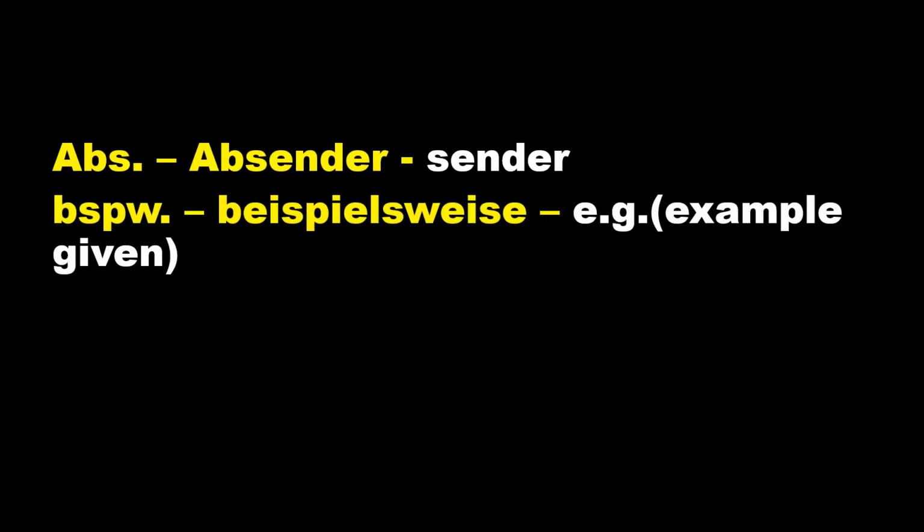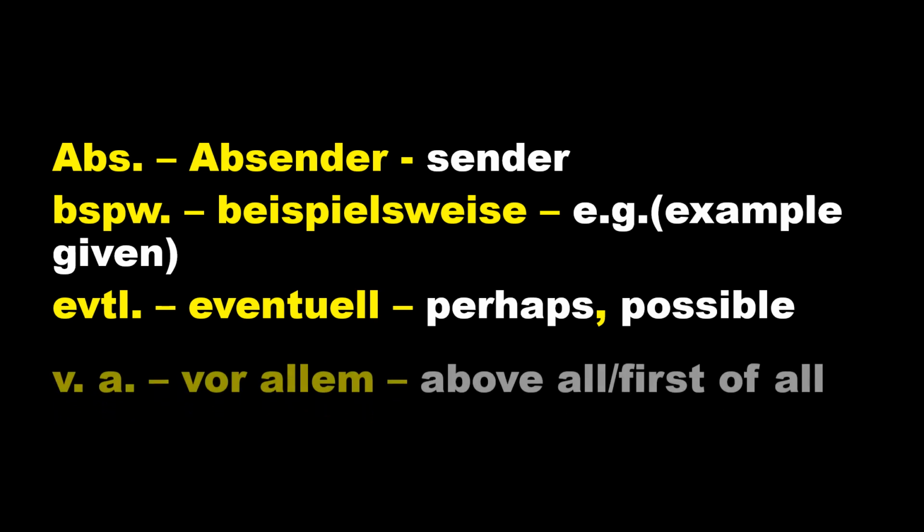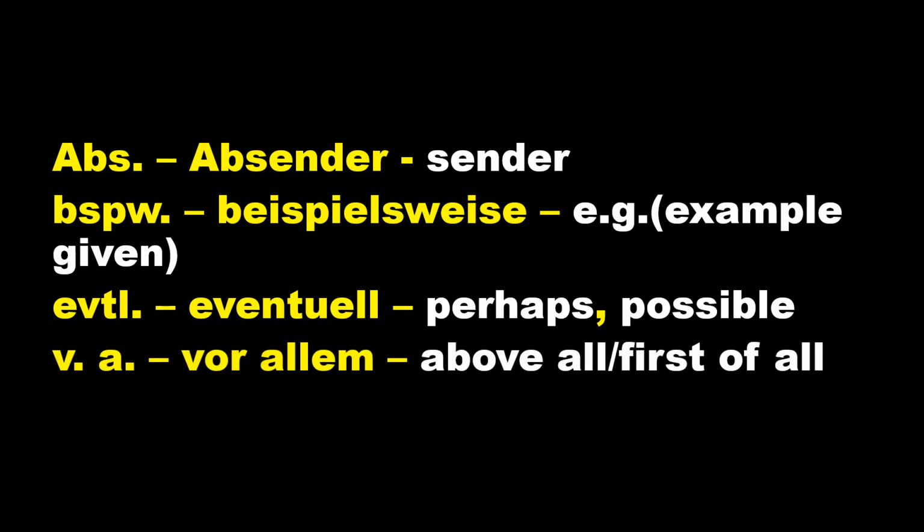Now the next one is ABS, which stands for Absender. English equivalent is sender, the person who sends the email or letter. Usually you find that word there. Next one is BSPW. That means beispielsweise. In English, example given, and in English also we write it in short form, e.g. Next one is AVTL, eventuell.